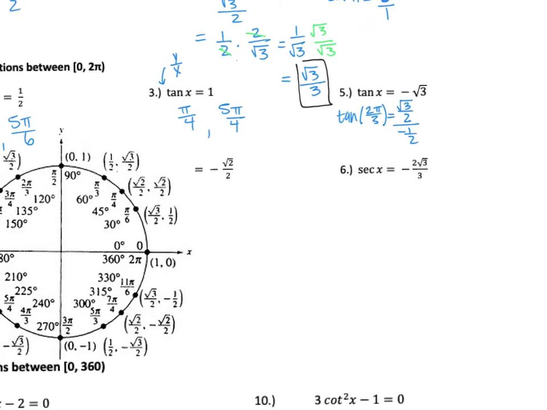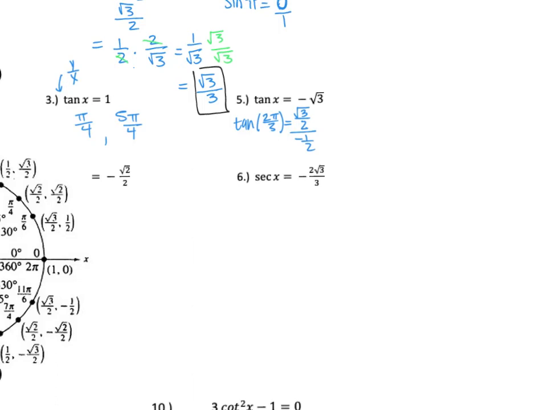Let's work this out to the side here. If I take these two values and divide, I would have root 3 over 2 times the reciprocal, which would be -2 over 1. Then the 2's cancel, which is good. And that would leave me with negative root 3 on the top and a 1 in the bottom, which is exactly what I'm looking for.